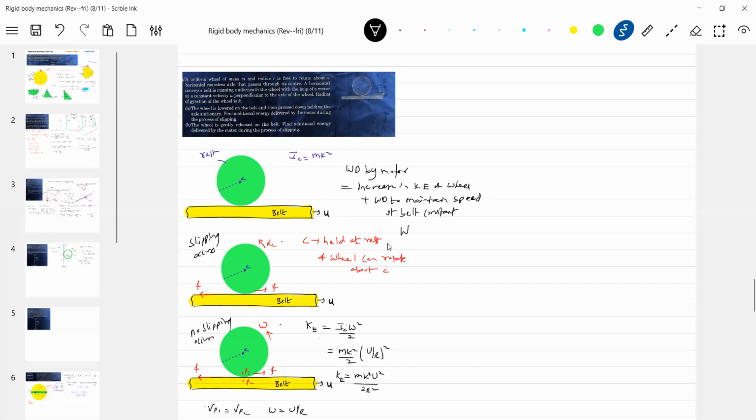This is part A we are discussing, no? So this should be equal to how much here? KE, I'll write it. What about the other part? It should also be KE. So 2KE.